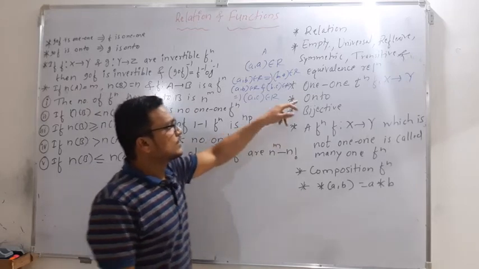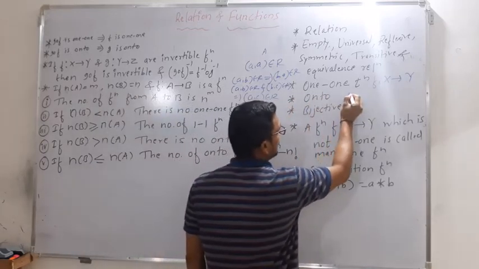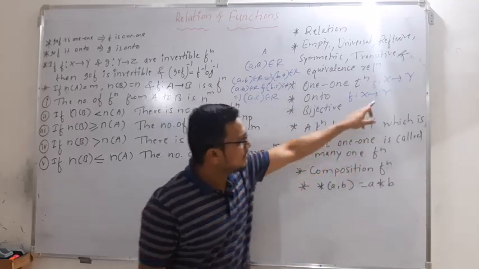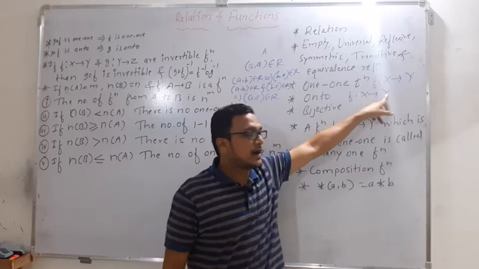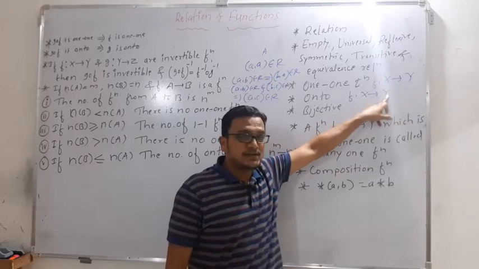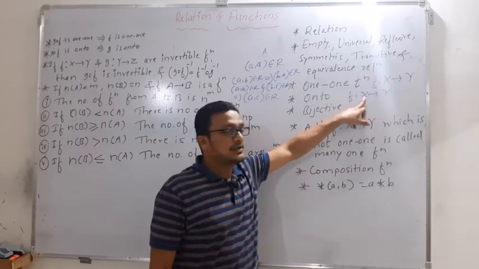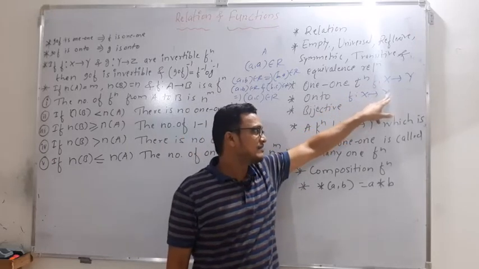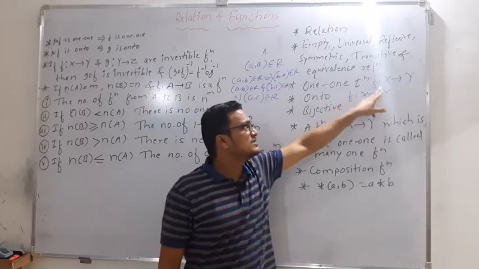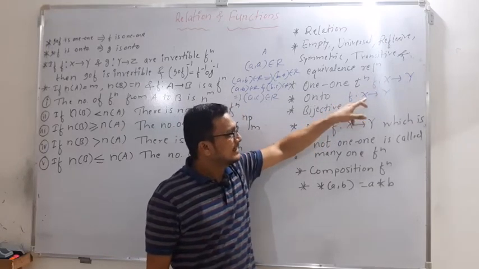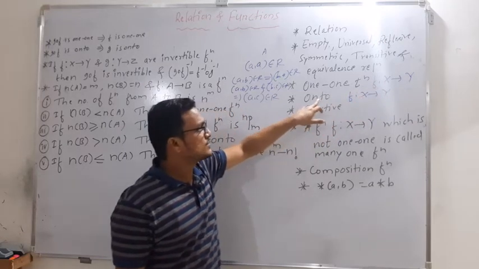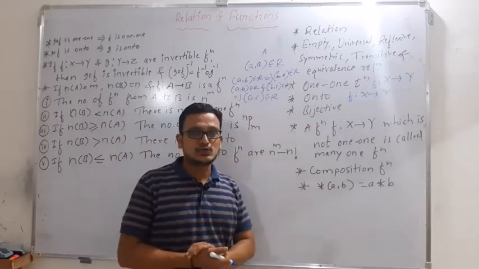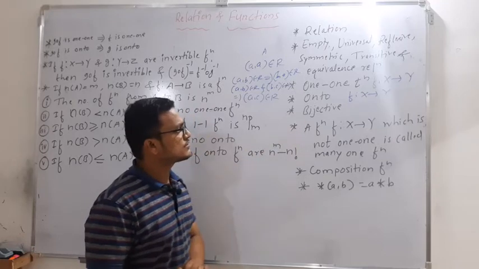Then what about onto? Suppose f is a mapping from X to Y, then every element of Y has a pre-image in X under f. That means every element of the codomain is the image of an element of the domain, and then it is called onto. Next is the bijective function.